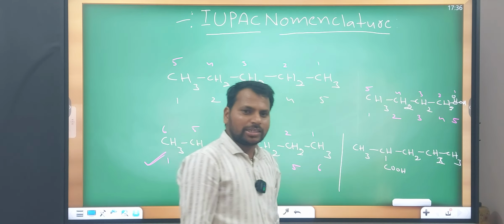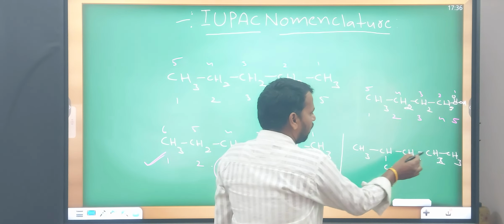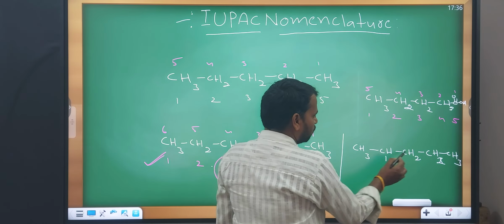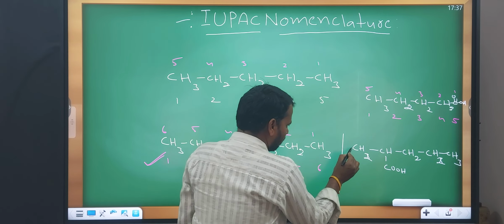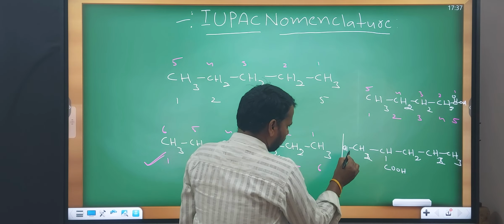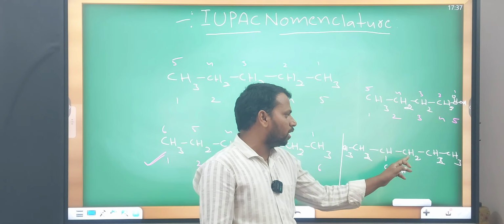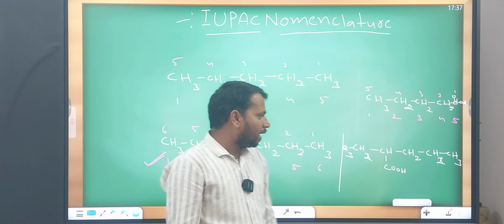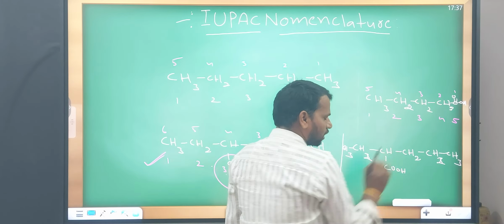Actually, the longest chain is the rule. Here there are 1, 2, 3, 4, 5 carbons, and here also 1, 2, 3, 4, 5 carbons are present. For our convenience, I extend one carbon atom here: CH3, CH3, CH2, CH, COOH, CH2, CH2, CH3. Now the longest chain is 1, 2, 3, 4, 5, 6 carbons.